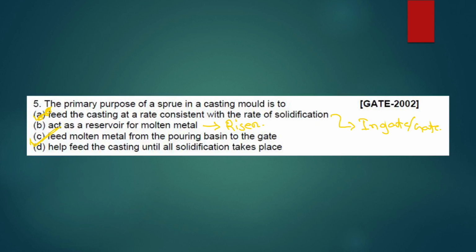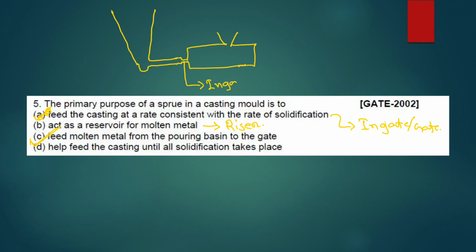For sprue you will get here, then runner, then finally gate, then mold cavity, then riser. So for in-gate, feed the casting at a rate consistent with the rate of solidification.